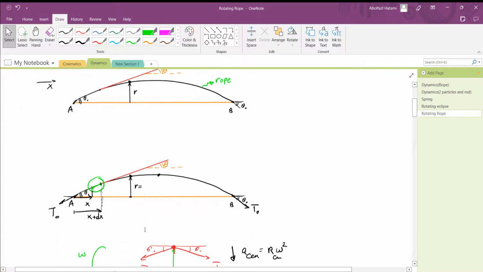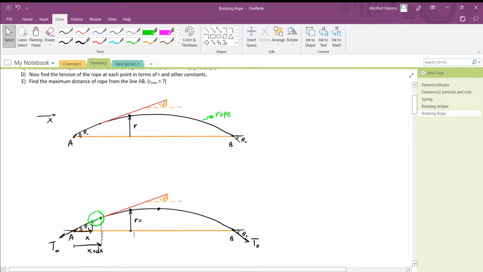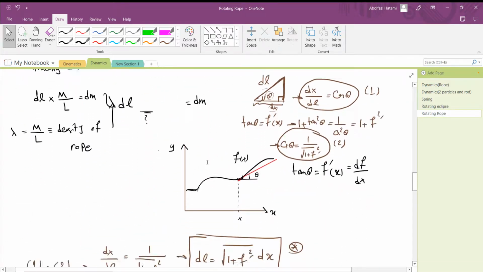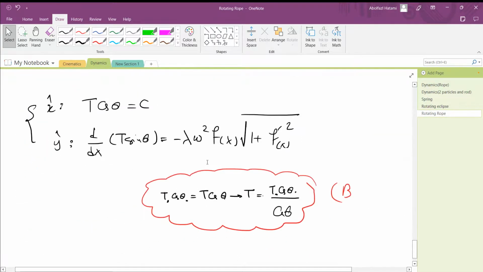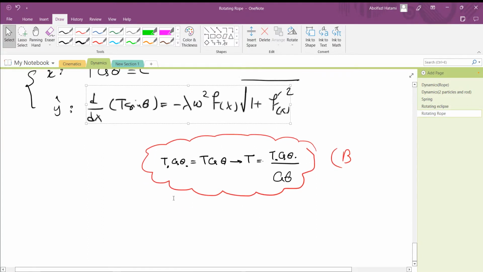The f that we define here is not equal to this f. This f is something else. It wants us to find f of theta. So maybe it is obvious that we should use the second equation here.